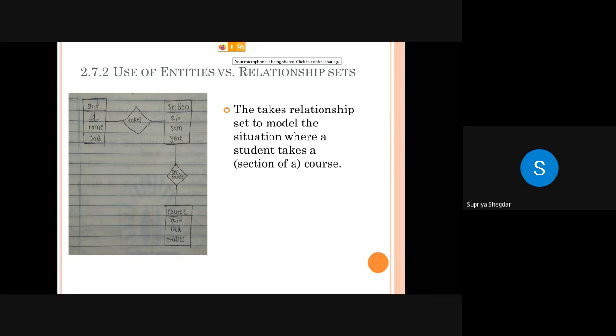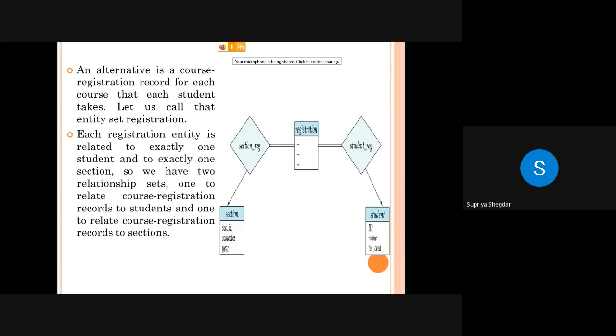But instead of the takes relationship, suppose we use the course registration entity. Then with the help of this diagram, we can show that for a particular course registration, there is a single student who registers for a particular course, and that course is from a particular section.